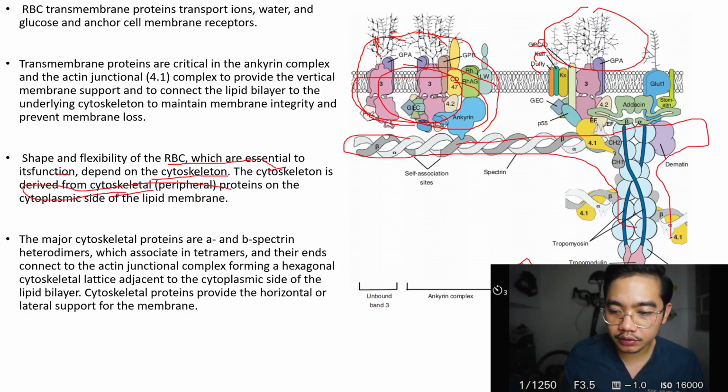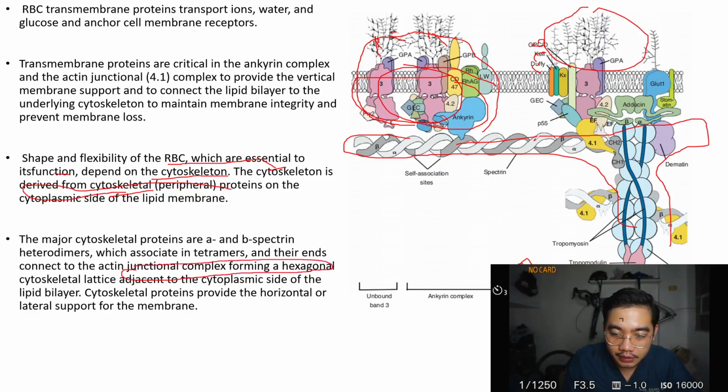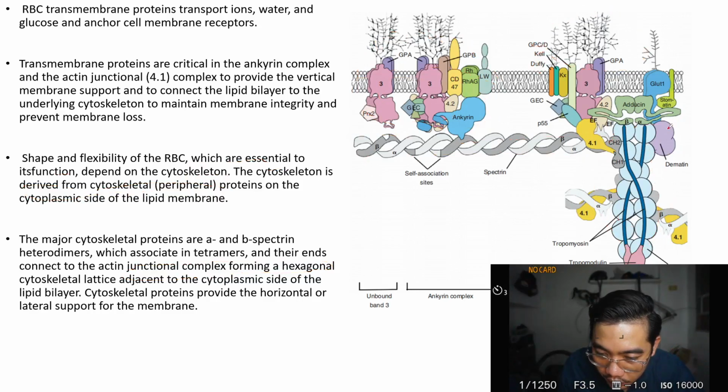So this also acts a part in the structure, no? So that's your cytoskeleton, imuhang spectrin, no? Alpha and beta spectrin. And then it will form a connection to your actin junctional complex, forming a hexagonal, this one. So this is your actin hexagonal. So this is your actin junctional complex, no?